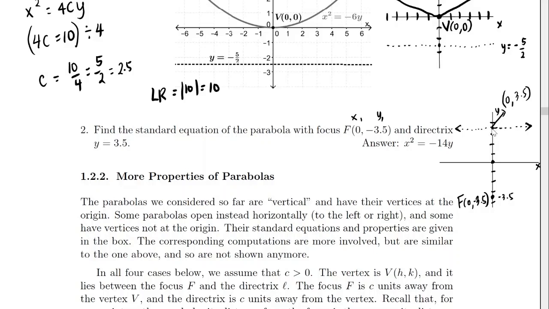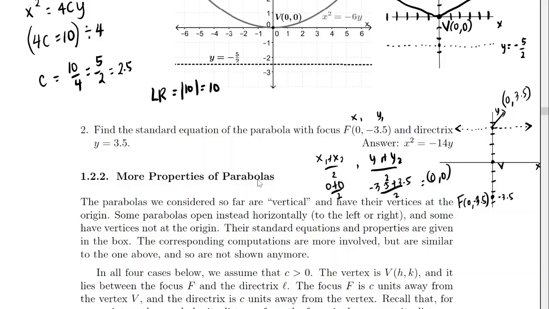If we compute (x sub 1 plus x sub 2) over 2 and (y sub 1 plus y sub 2) over 2, that gives 0 plus 0 over 2, still 0, and negative 3.5 plus 3.5, that is 0 over 2. So we have (0, 0). That means the vertex is at the origin. Or we can simply locate the midpoint of these two, which should be balanced since it is c units and c units also.